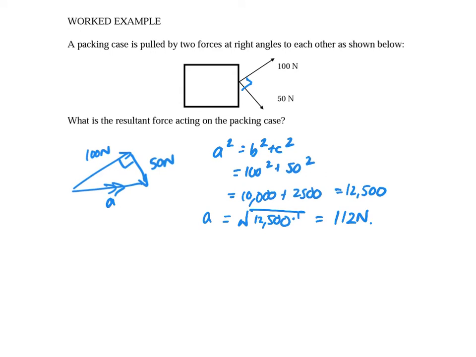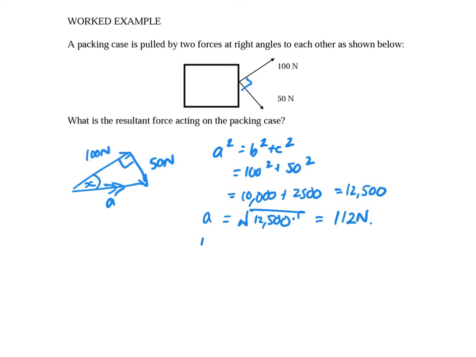And then we're going to label this angle in here x. Now I would always suggest you take the angle at the start rather than at the end. So in this case I happened to draw the 100 Newton one first. You could have drawn the 50 first, but we'll see how we express that in a wee second.